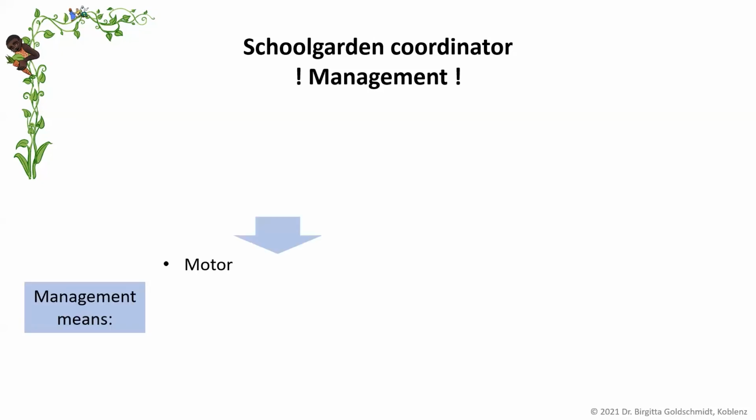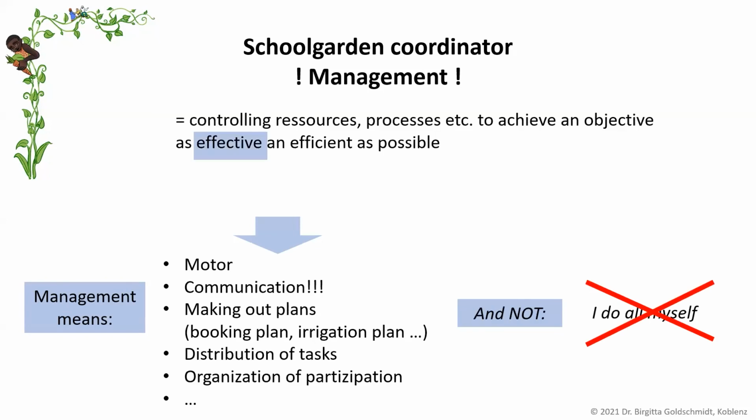So if you remember what school garden management means, I have this, sorry, here it is. School garden management, we saw, is controlling resources as effectively and efficiently as possible. Sorry, this is animated in the wrong way. So what does it mean?